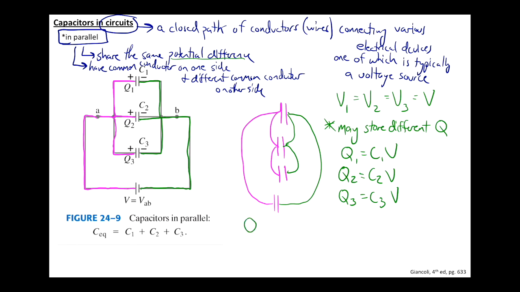We can say that Q total, the amount that leaves the battery and ends up on the capacitors, is equal to the charge on all of them added together. And then let's rewrite that with the equations above: C1V plus C2V plus C3V.